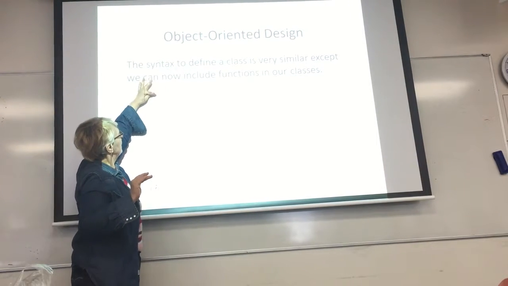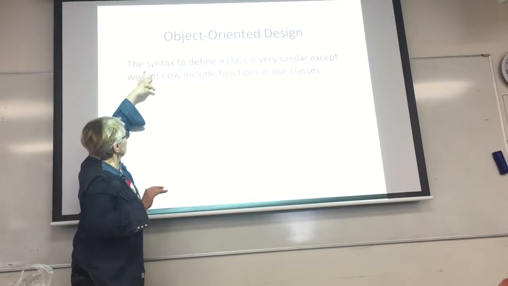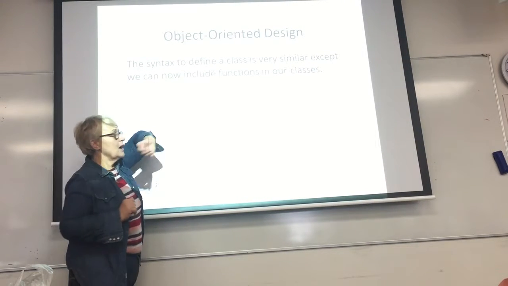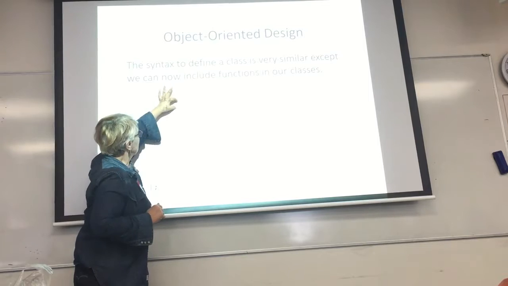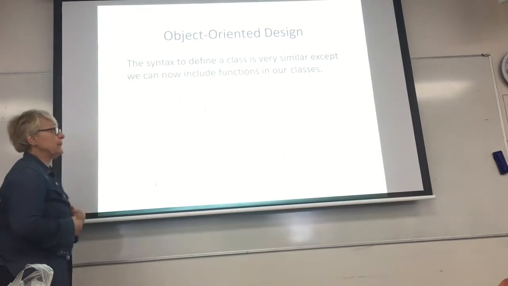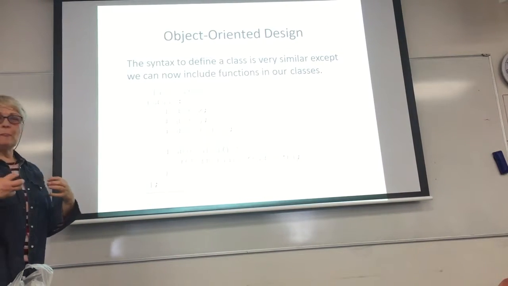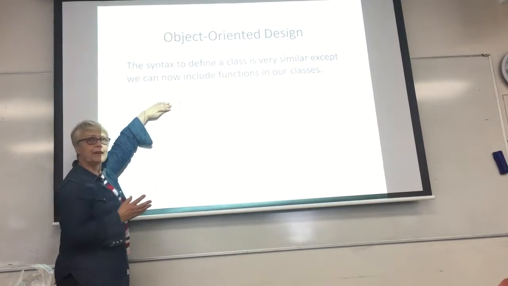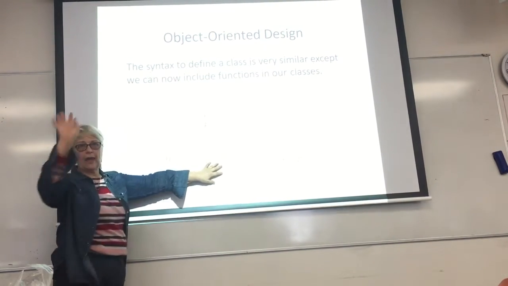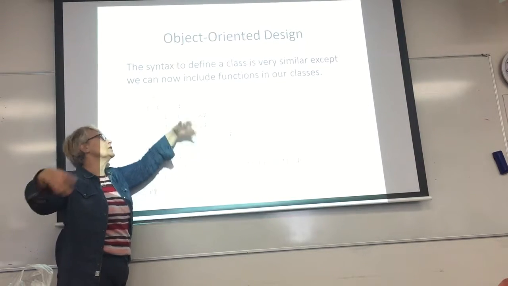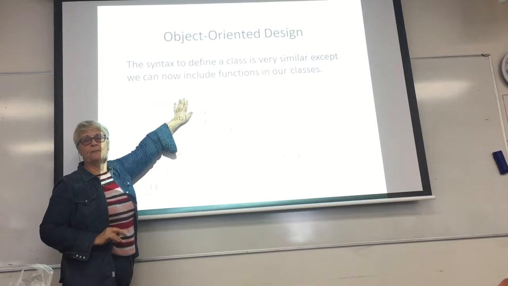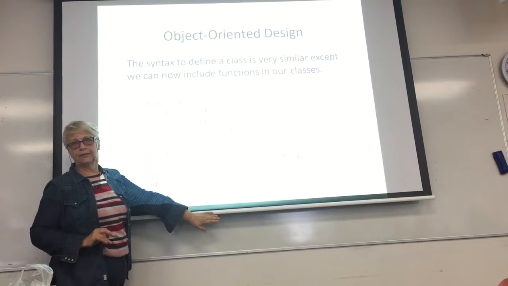Now, in this example, we use the class keyword instead of structure. And we put here the public visibility modifier. When you design classes, you will see that you can have a public area, which is available to everyone who includes the file where this is defined, and private.